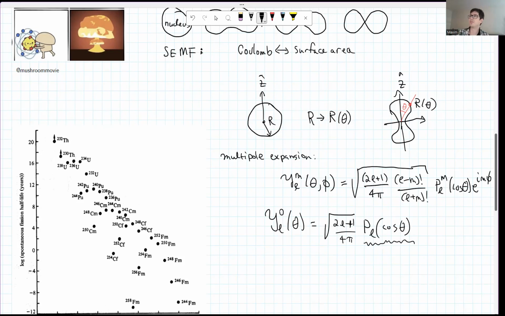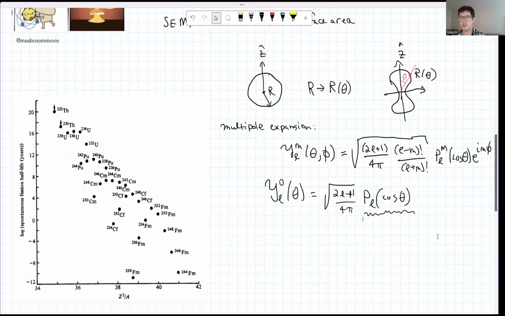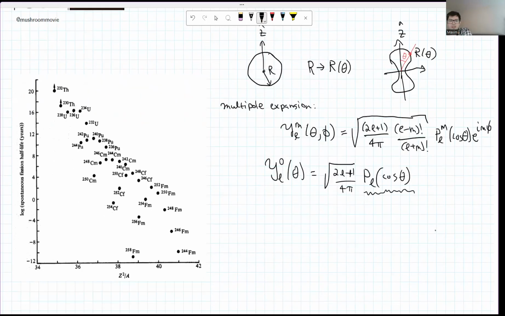We can use this to start expanding our shape. The idea is that if you're looking for deviations from a sphere, then the lowest order deformations, which cost the least amount of energy, will be the lowest order Legendre polynomials.